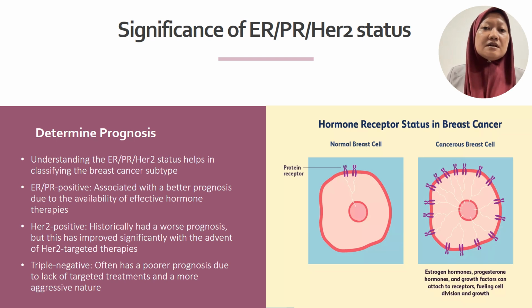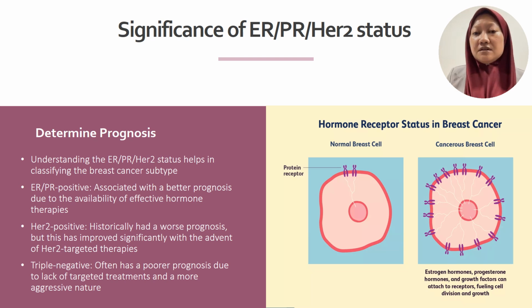For instance, ER, PR positive breast cancers are typically associated with a better prognosis. Why? Largely due to the effectiveness of hormone therapies that specifically target these receptors. Examples of these drug therapies are tamoxifen and letrozole, which we normally give to patients with ER, PR positive cancer.